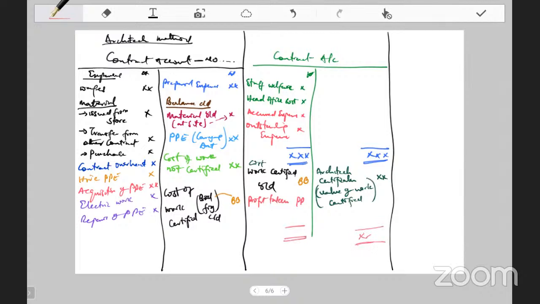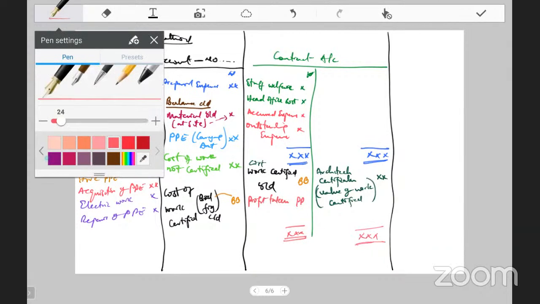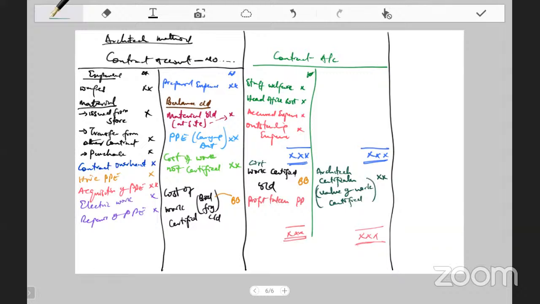If I get all this value inserted, the account should balance. But where there's any shortfall, and there will be, in case the examiner wants to test your ability on contract account, if there's still any shortfall here, which is a balancing figure, we refer to it as profit suspense.